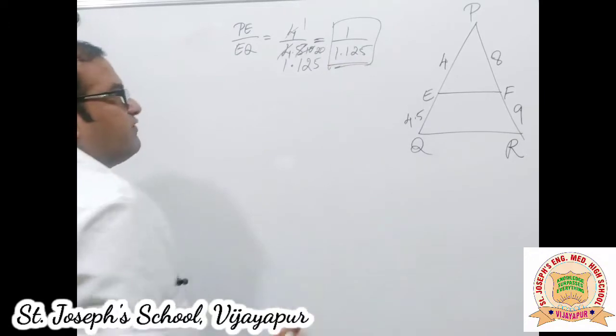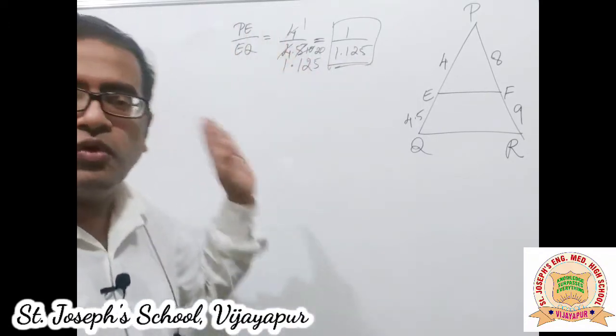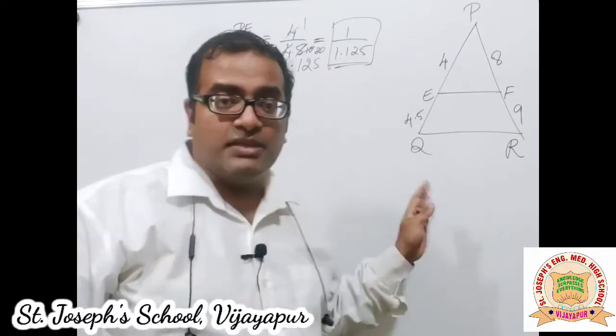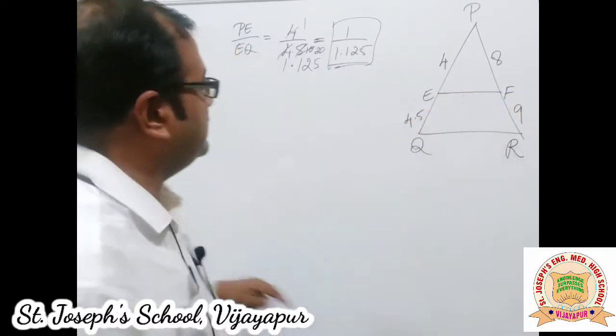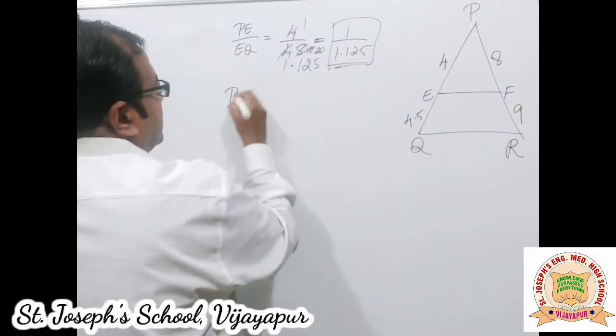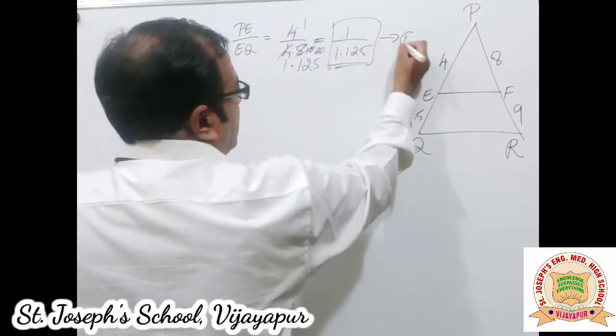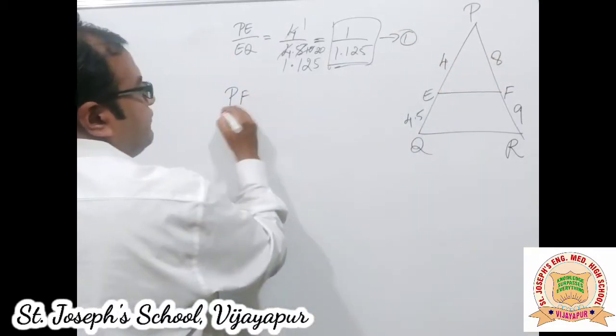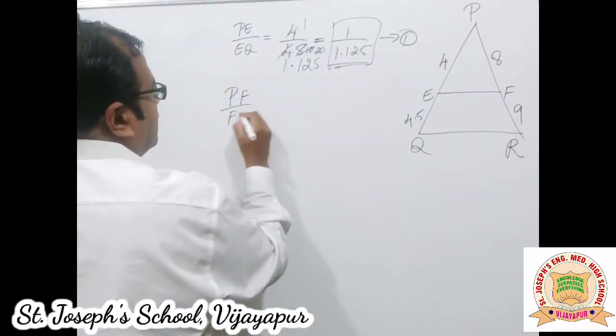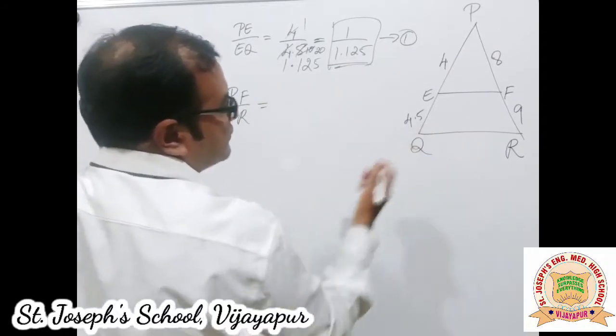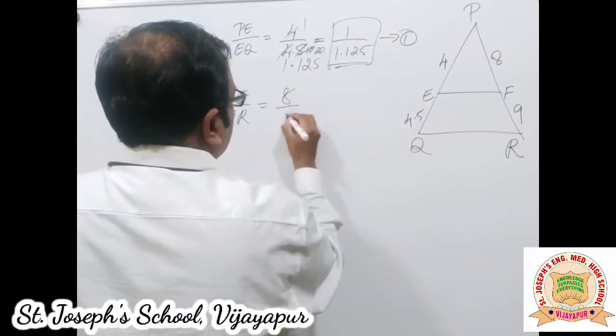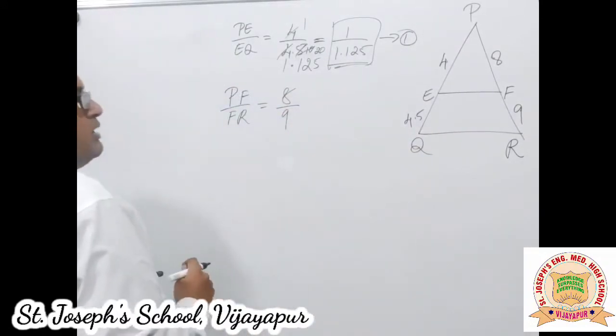You could simplify further, or you could have just left it as 4 upon 4.5. In this certain problem, it's easier. I'll tell you why later. Next, this is equation 1. On the other hand, PF by FR, that is our RF, is equal to 8 upon 9. Okay.